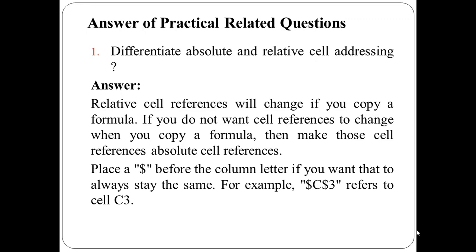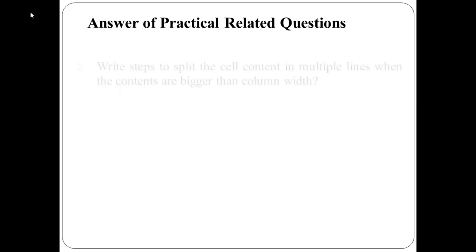To make absolute cell references, place a dollar symbol before the column letter and row number if you want that to always stay the same. For example, $C$3 always refers to cell C3, even if you copy a formula into different cells and columns.